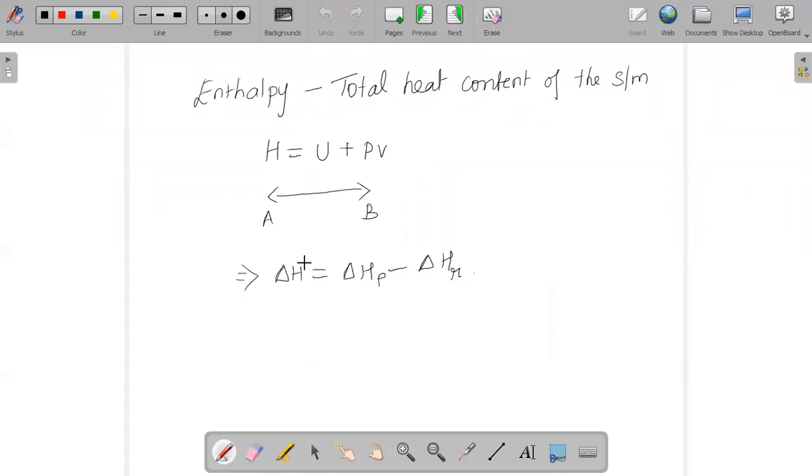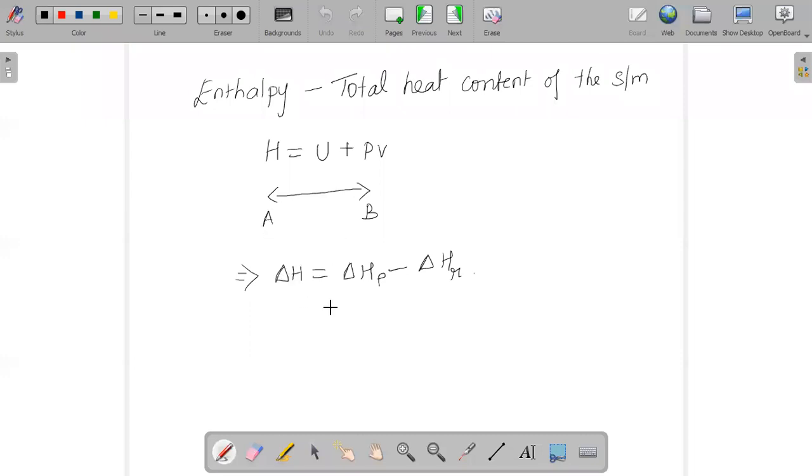And next, the most important, is enthalpy. What is enthalpy? Enthalpy is the sum of internal energy and PV, that is pressure and volume. Suppose let us consider a reaction: A is getting converted to B. Each one is going to have an enthalpy.